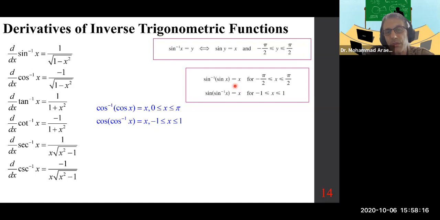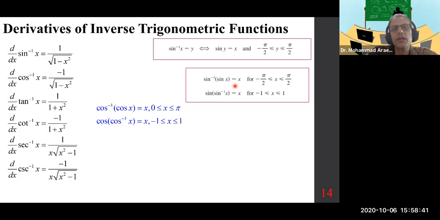Every one of them is a periodic function. And the restriction, for example, on sine was we put it between negative and positive pi over 2. And of course, the range is from negative 1 to 1, and everybody remembers all of those. In the case of the cosine, we go from 0 to 1.